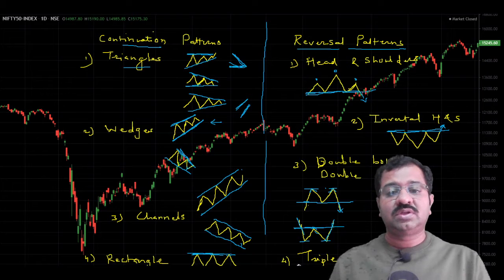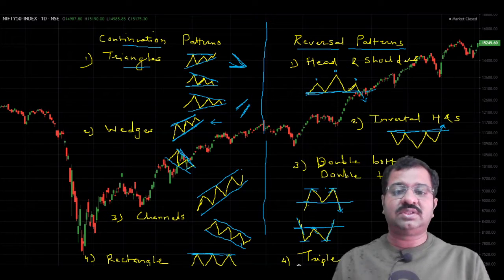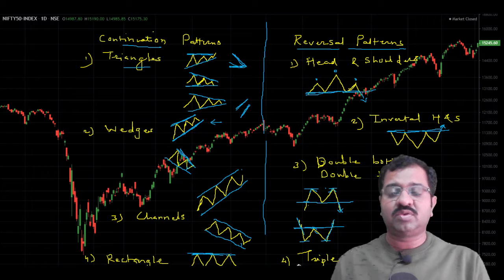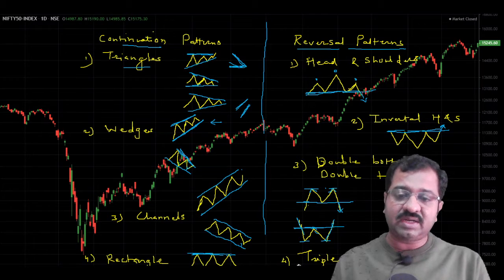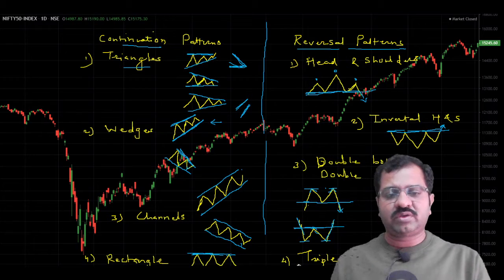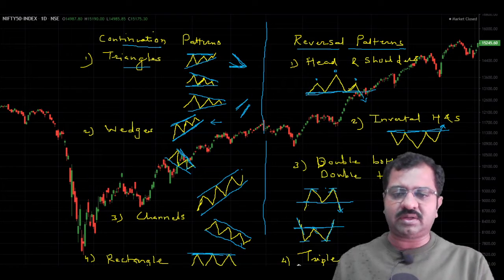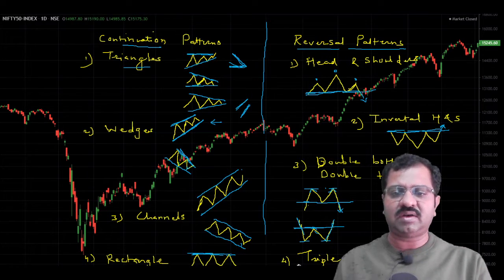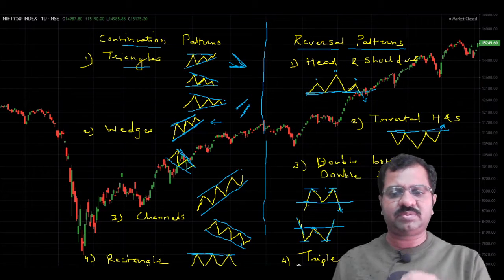How to use multi time frame analysis to trade these patterns, what are the best entry techniques, what are the best exit techniques, all these we are going to see for each of these patterns in the detailed videos, and the links for these are given in the description.